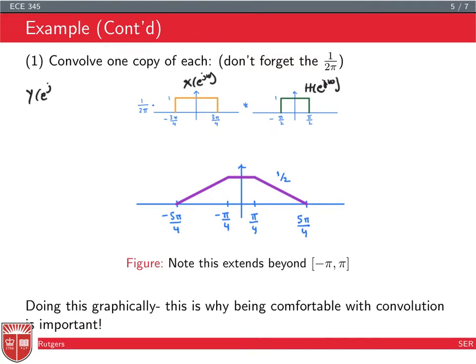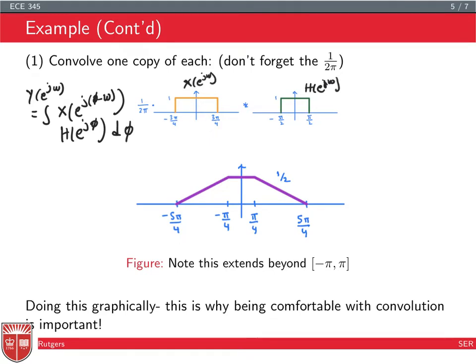Then Y of e^(j omega) is the integral, so I have to decide what to flip. Let's say I'm going to flip and shift the X. So X of e^(j(phi minus omega)), H of e^(j phi) d phi.